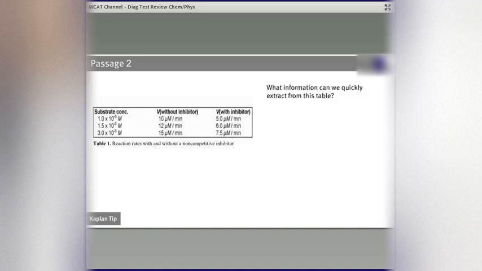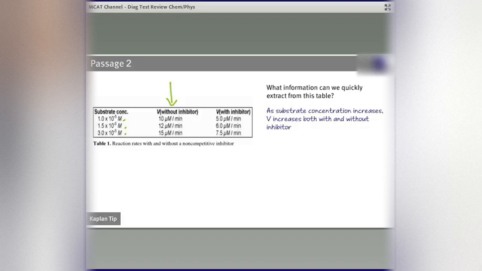What relationship do we quickly notice? It's the without inhibitor column as we increase our substrate concentration. What do we quickly see? Yeah, we increase our rate. Okay? Also, if we have the inhibitor present, we still increase our rate, don't we? But what relationship do we see for V without the inhibitor versus V with the inhibitor? For the same substrate concentration, what do we notice?